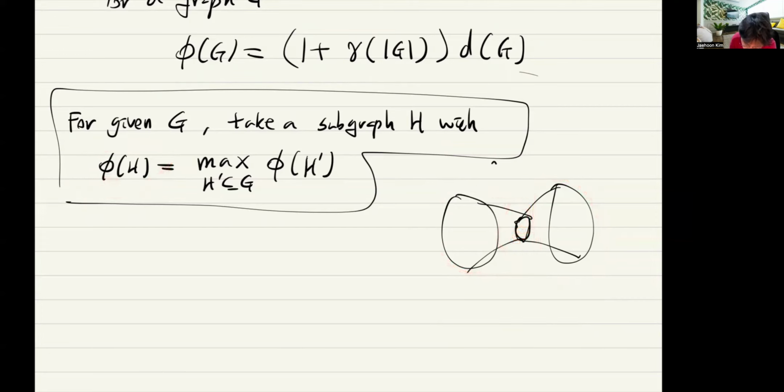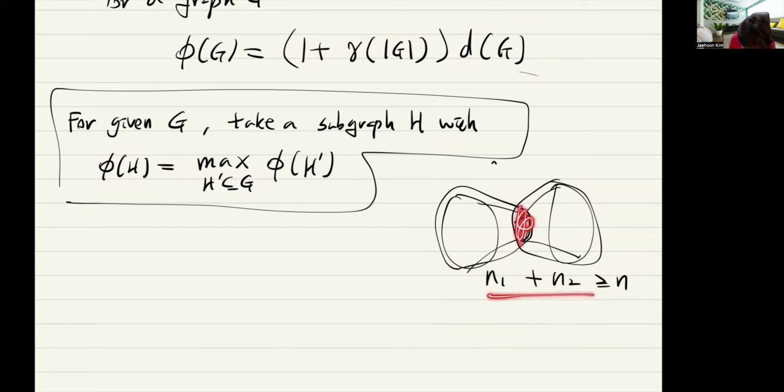You can kind of see that without this, it is linear. So if you have n1 vertices and n2 vertices, and their sum is bigger than n. And if they're disjoint, their sum is equal to n.